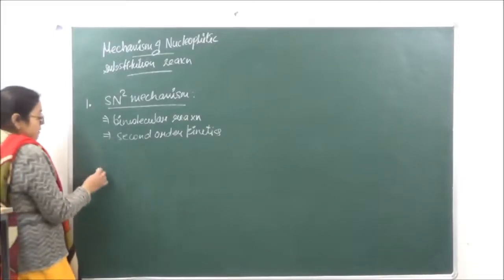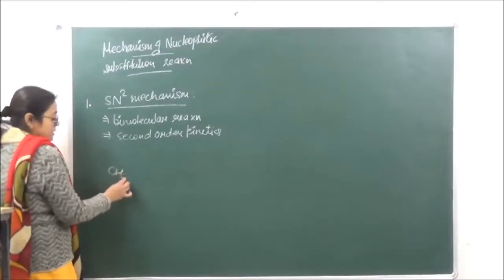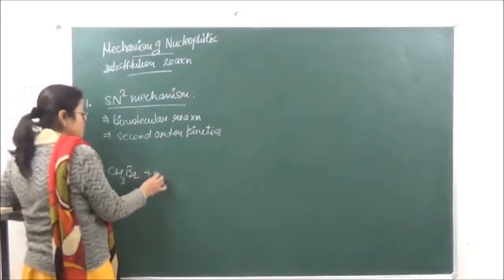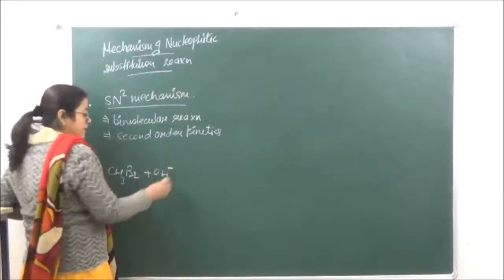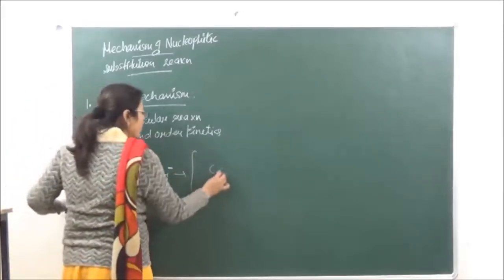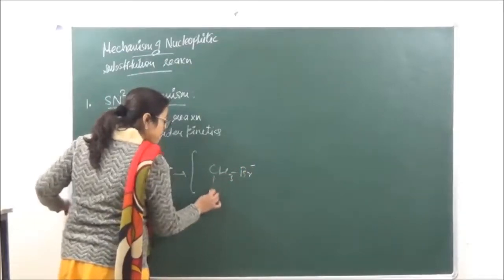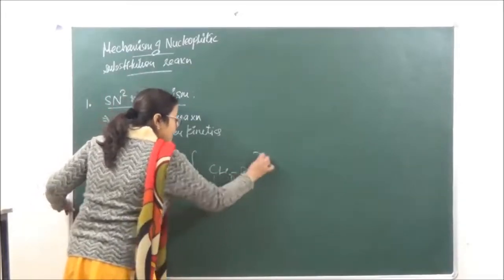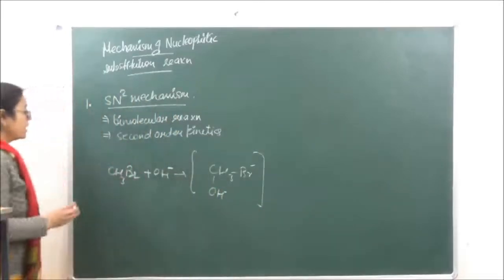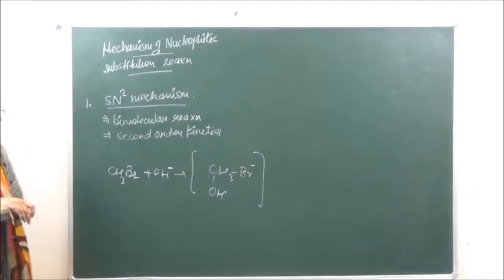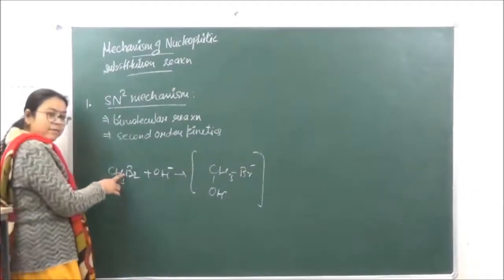If in case we have CH3Br और इसके साथ हम OH negative को अटैक करते हैं, this is going to give us an intermediate formation. Now you know over here that bromine is going to be negatively charged.